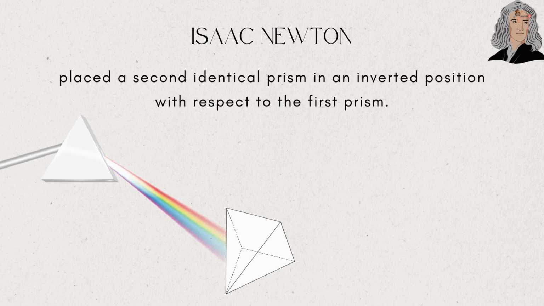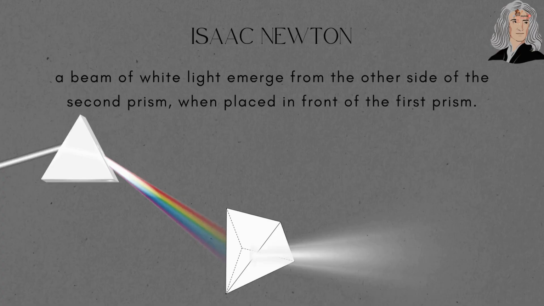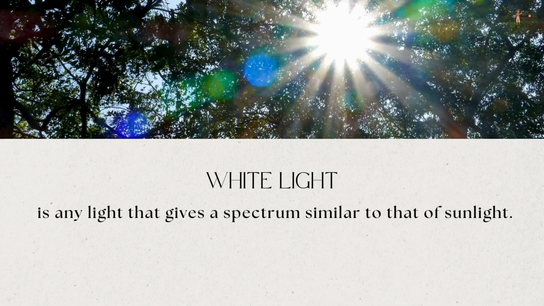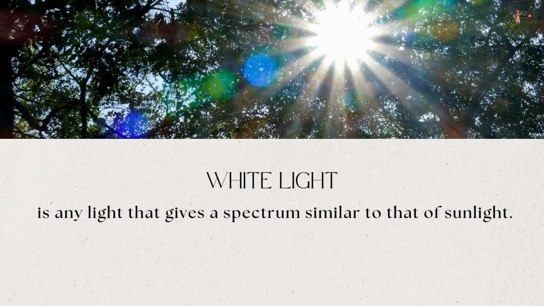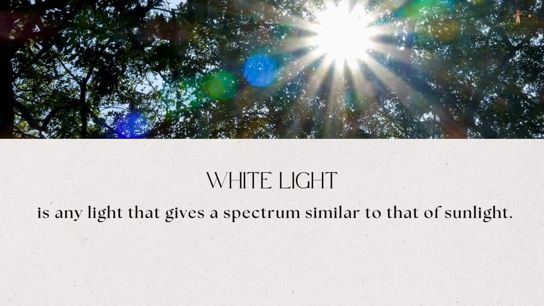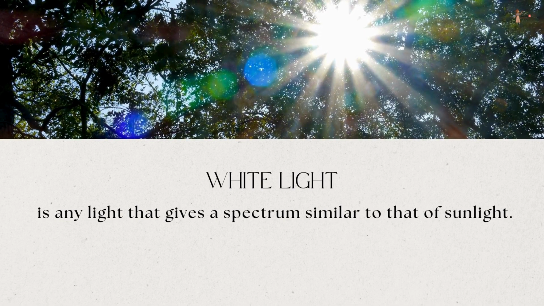This allowed all the colors of the spectrum to pass through the second prism. He found a beam of white light emerging from the other side of the second prism. This observation gave Newton the idea that the sunlight is made up of seven colors. Any light that gives a similar spectrum to that of sunlight is often referred to as white light.